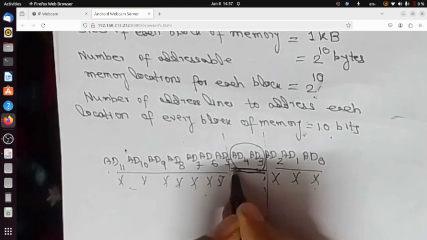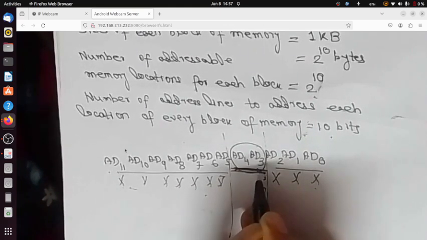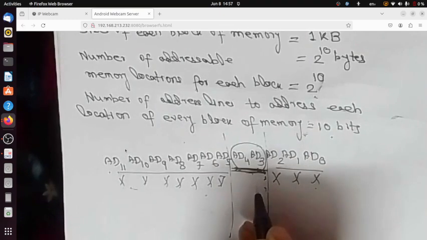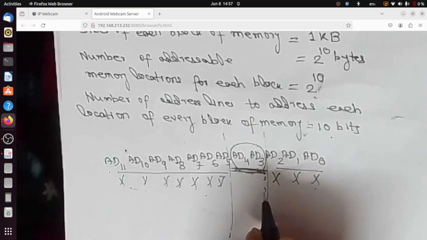The remaining 2 input address lines, AD3 and AD4, will be connected to the chip select port of every block through a decoder, so that a particular block of memory can be selected.